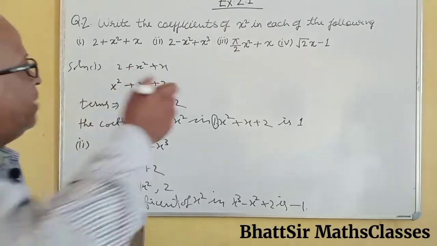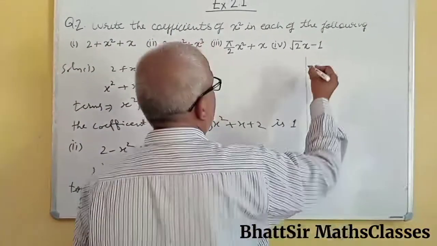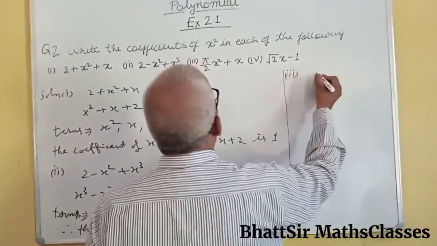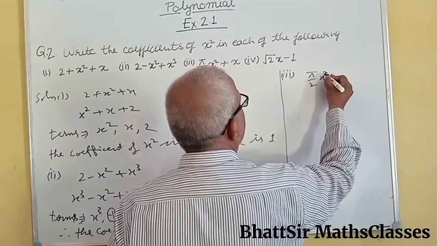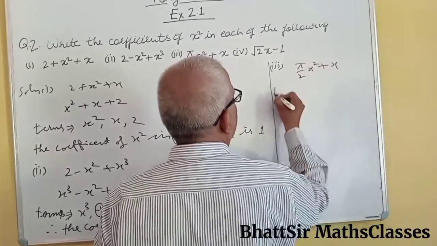Now I am attending third part: pi by 2 x square plus x.